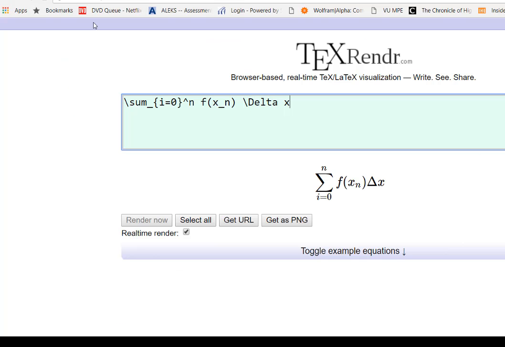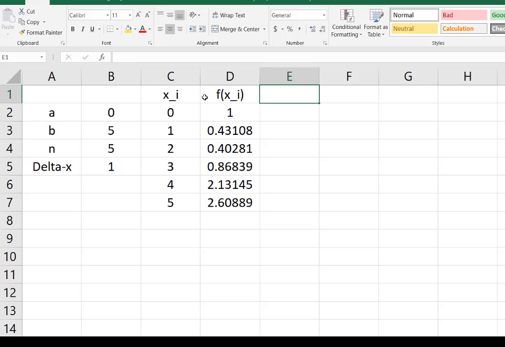Remember that to build this numerical estimate of our integral, we need to make a summation of f of x times delta x. So we have our endpoints, we have our values of f of x. I'm just going to call delta x capital dx.